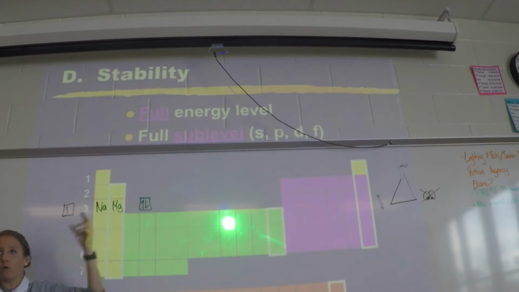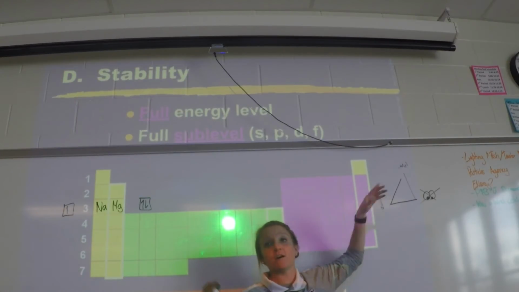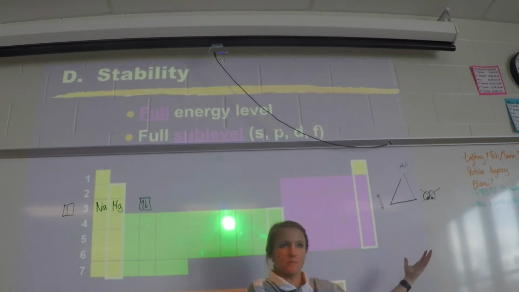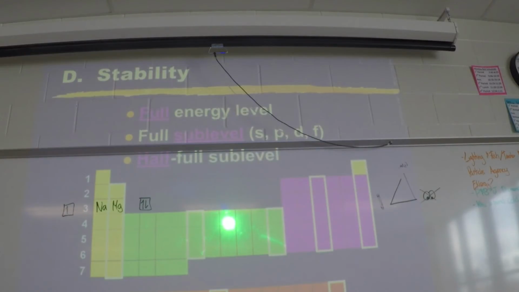So having a full box or full room also gives it some stability. It's not as stable as argon, because argon's all the way filled, but it does help it out a little bit. Okay?